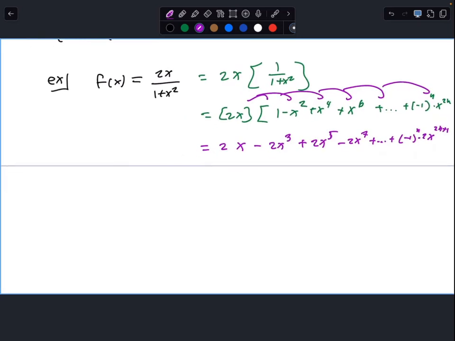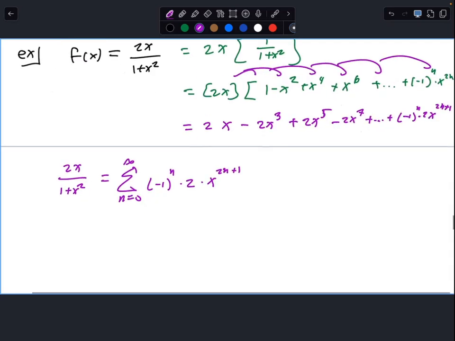What we've just found is that 2x over 1 plus x squared is the summation from n equals 0 to infinity of negative 1 to the n times 2x to the 2n plus 1.